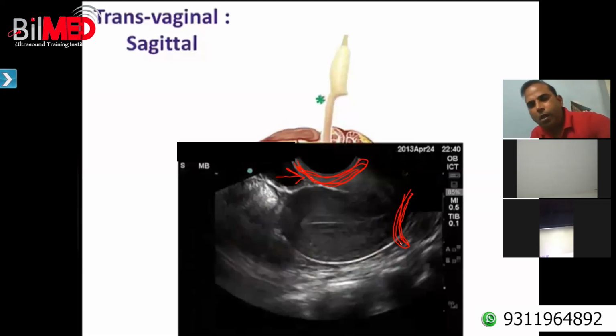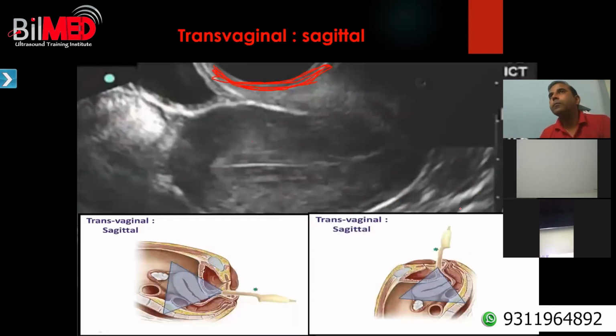This is the point why the screen orientation in TVS probes is not very good with all whosoever is doing it. So you have to rotate the screen orientation by 90 degrees when you are doing these TVS probe scans. Now, where is the anterior of the patient? What is the name?